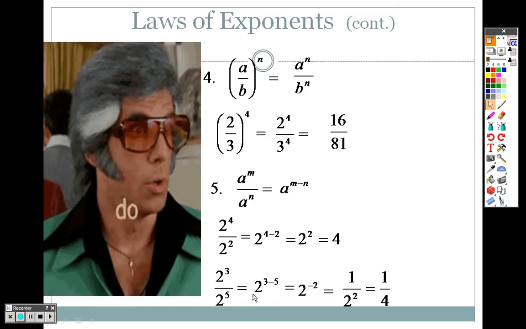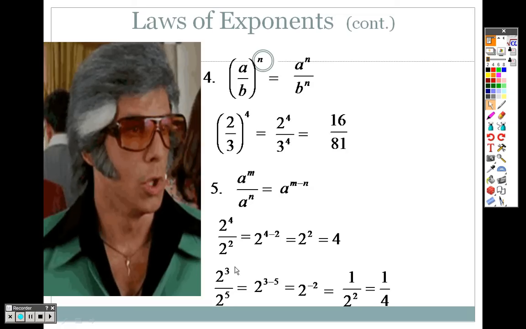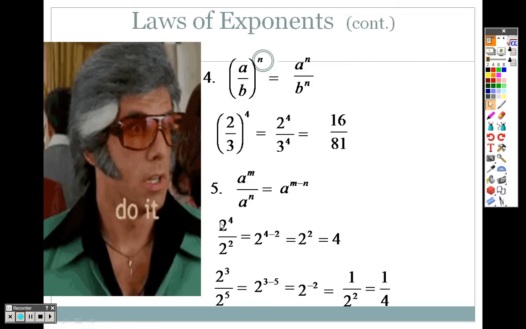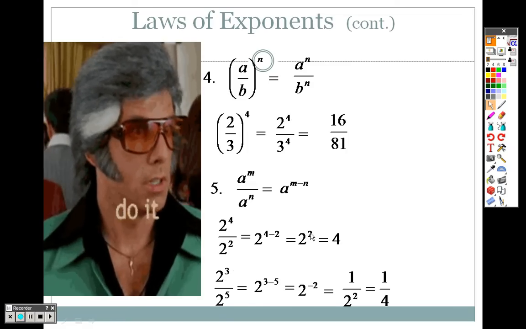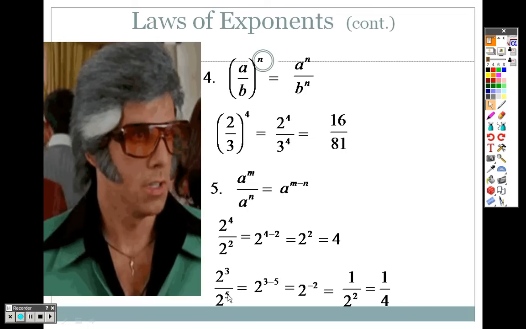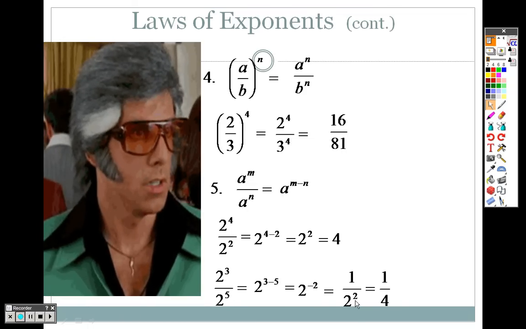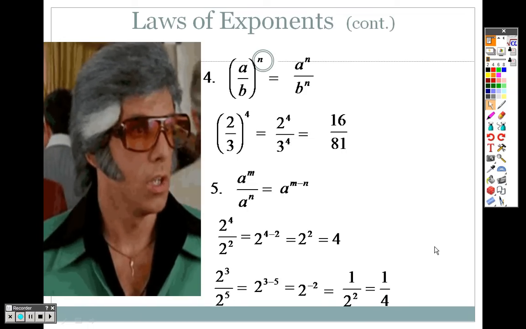And notice how our answer ended up on the bottom as well. So wherever the exponent is bigger is where your final answer is going to end up. So you subtract and you can get the answer. So my point is 4 minus 2, the 4 is bigger, goes on top. So it's 2 squared. 3 minus 5, you got a negative 2, so you know the answer of 2 squared has to go on the bottom.